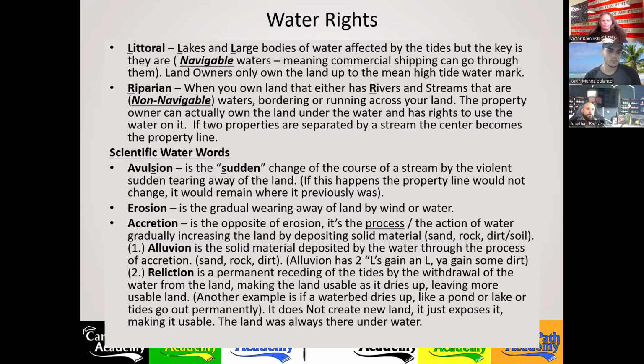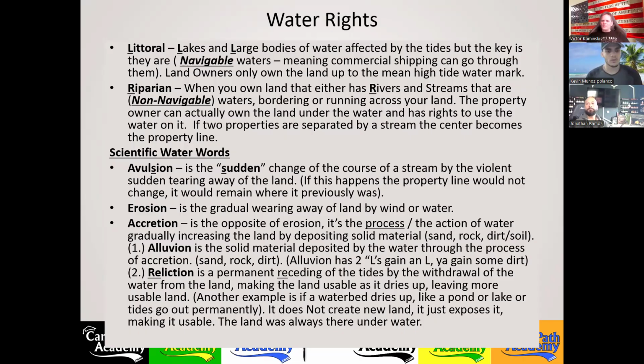So now that we can identify the difference between littoral and riparian, why does it matter? What do you own if you have littoral property rights? Yep, you own the land up to the high water mark, to the edge of the water.